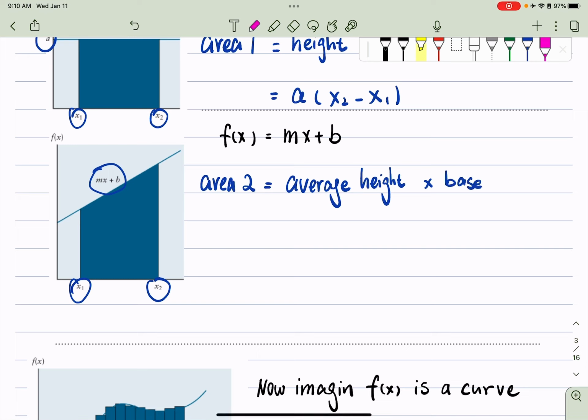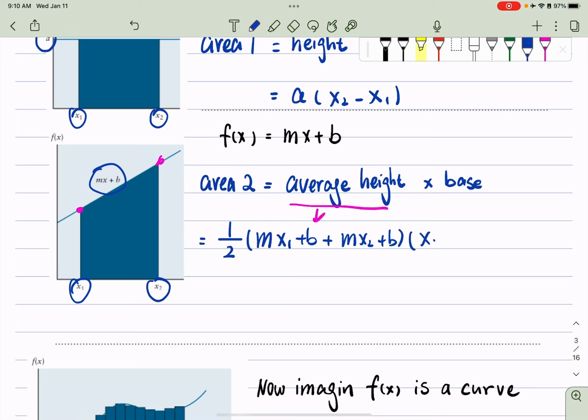The heights here at x1 and x2 are no longer equal, so we take the average of these two heights and then multiply by the base. That gives us 1/2 times (mx1 plus b plus mx2 plus b). Here we're talking about the average height, and that times the base, x2 minus x1.